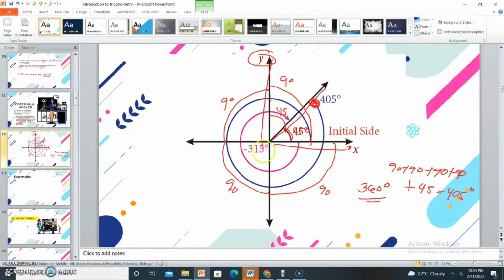That's how you plot coterminals, the positive coterminals. And for the negative coterminals, it starts at the bottom. So with 90 degrees, 90 degrees, 90 degrees, plus 45, that is negative 315 degrees. So those are the coterminal angles.